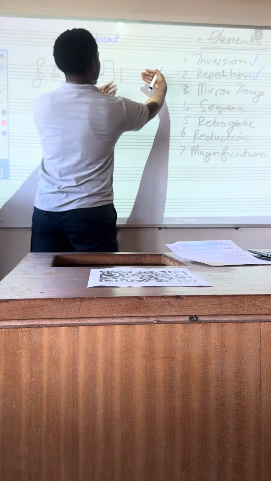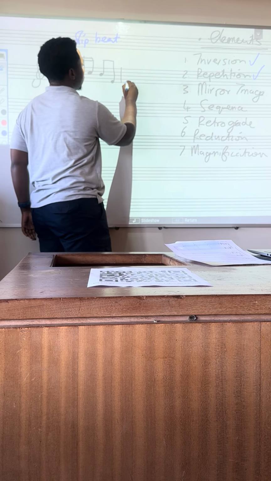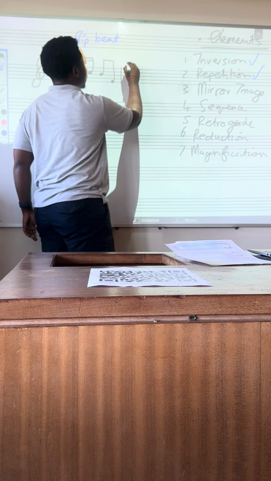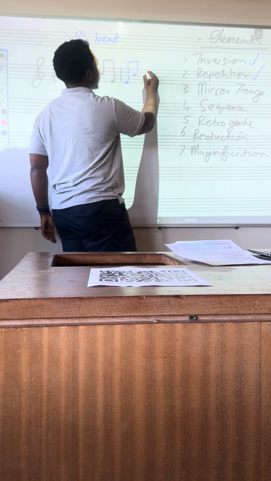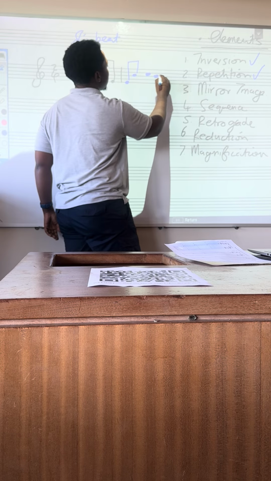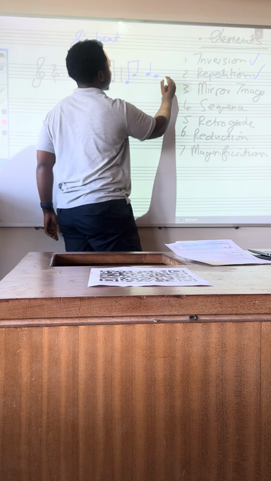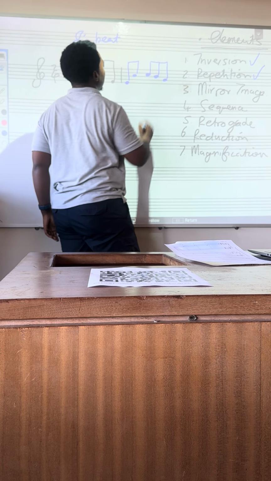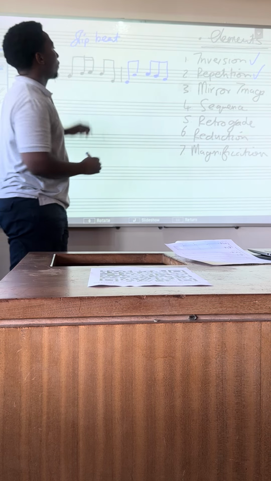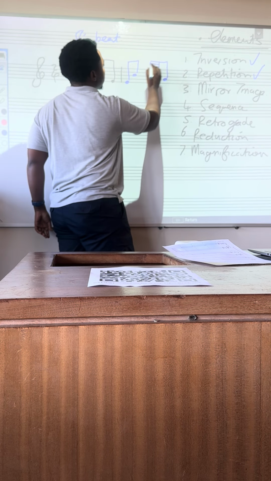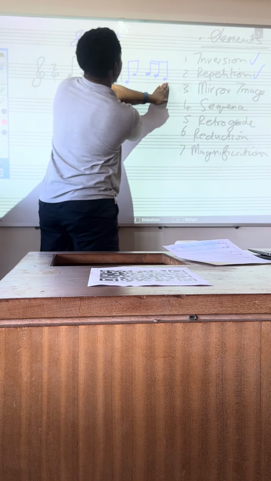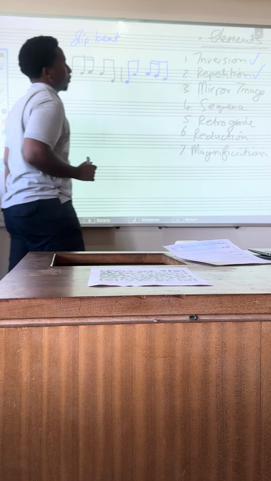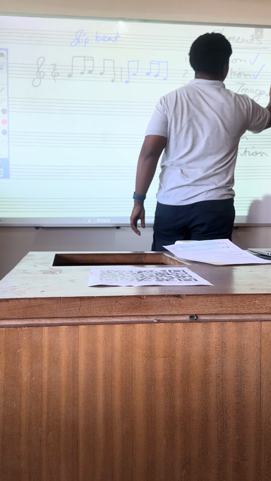So an example, E, B, and then you go C, B, G, C, B, G. Semiquavers must be there. So this is an example of mirroring. Mirror image.